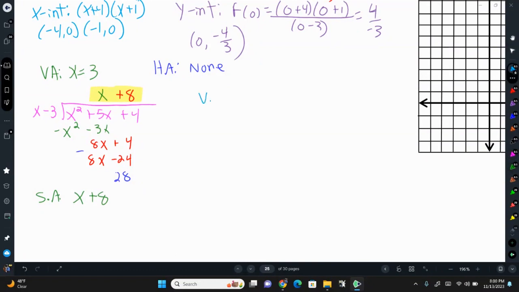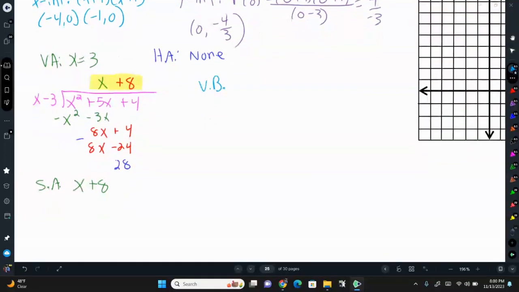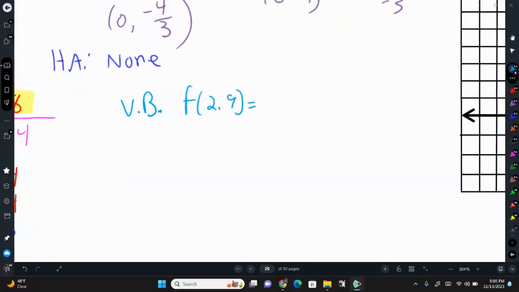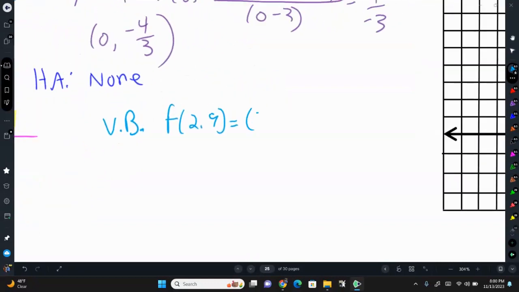Vertical behavior. All right, our asymptote is at x equals positive 3. So we're going to do f of 2.9. And that will give us 2.9 plus 4 times 2.9 plus 1 over 2.9 minus 3.